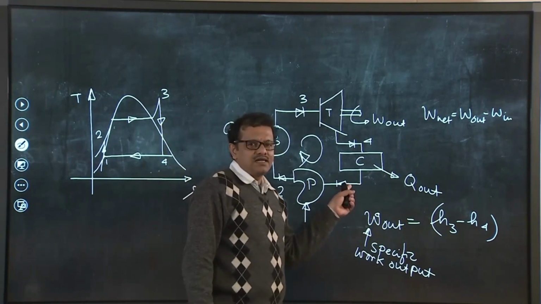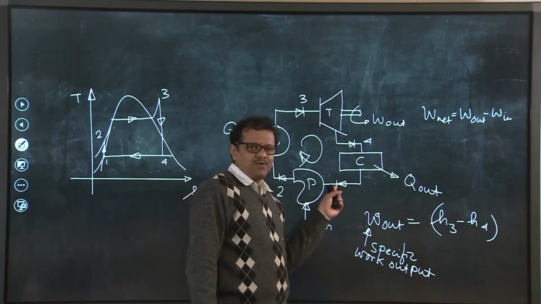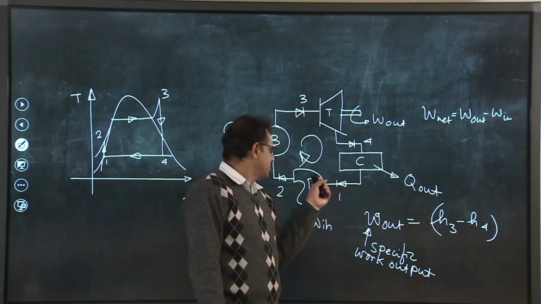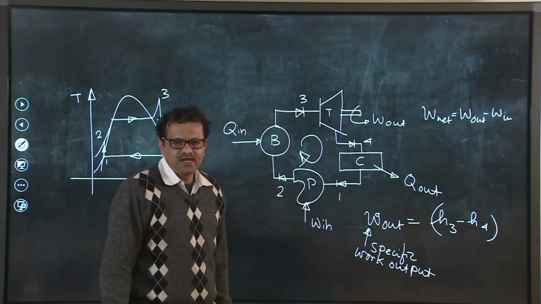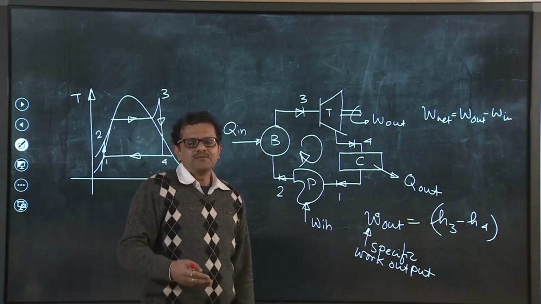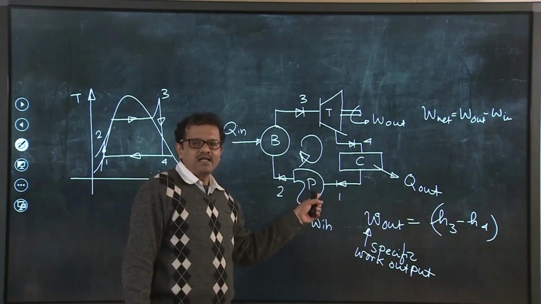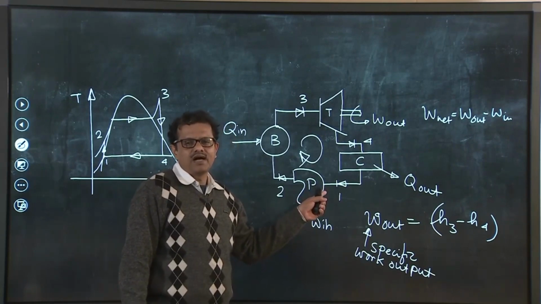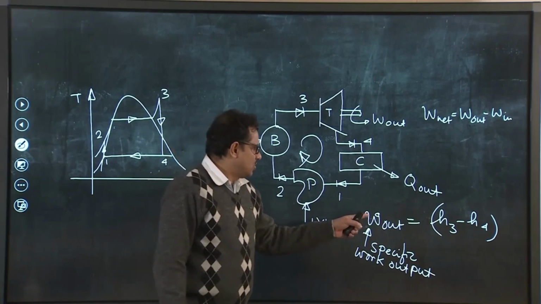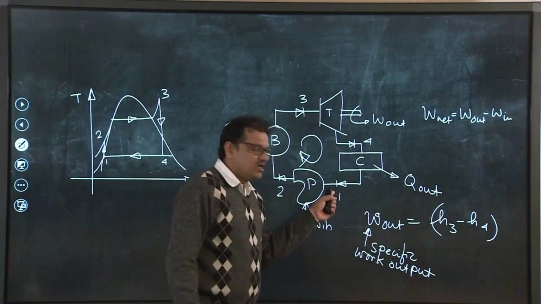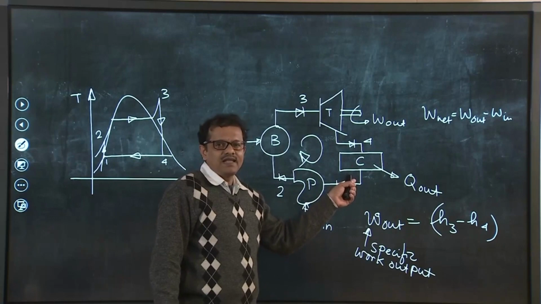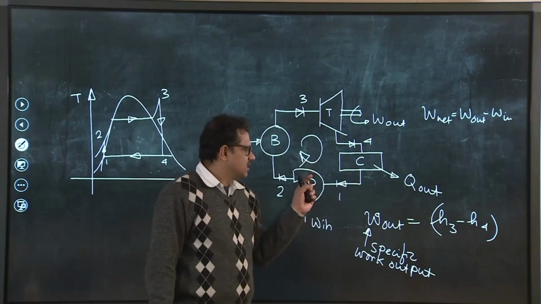So, if the temperature of the working fluid is higher than the temperature the blade can withstand, and we use this pump to handle that high temperature liquid, the blade material may fail. So, our objective should be to reduce the temperature of water available at the exit of the condenser.